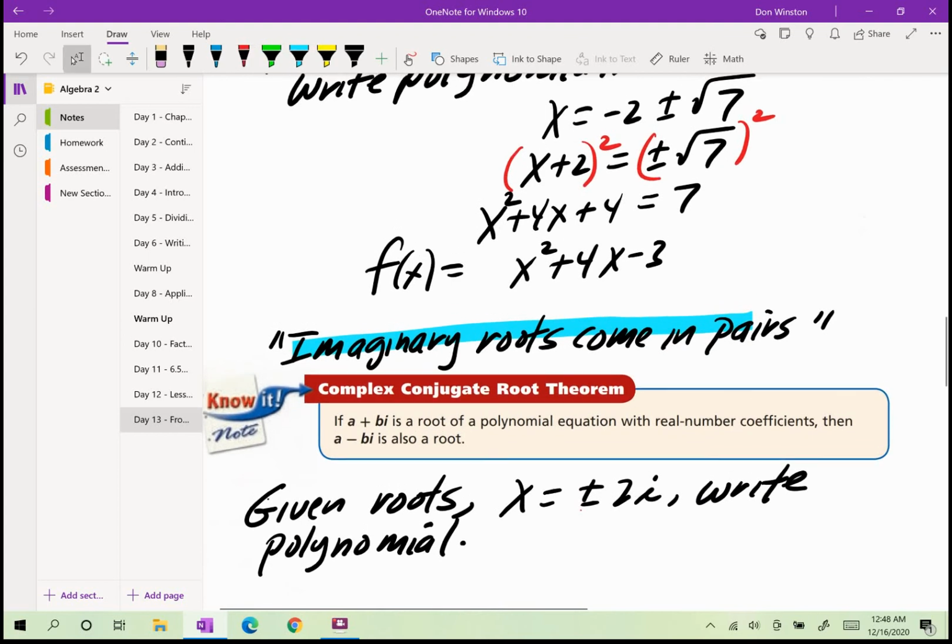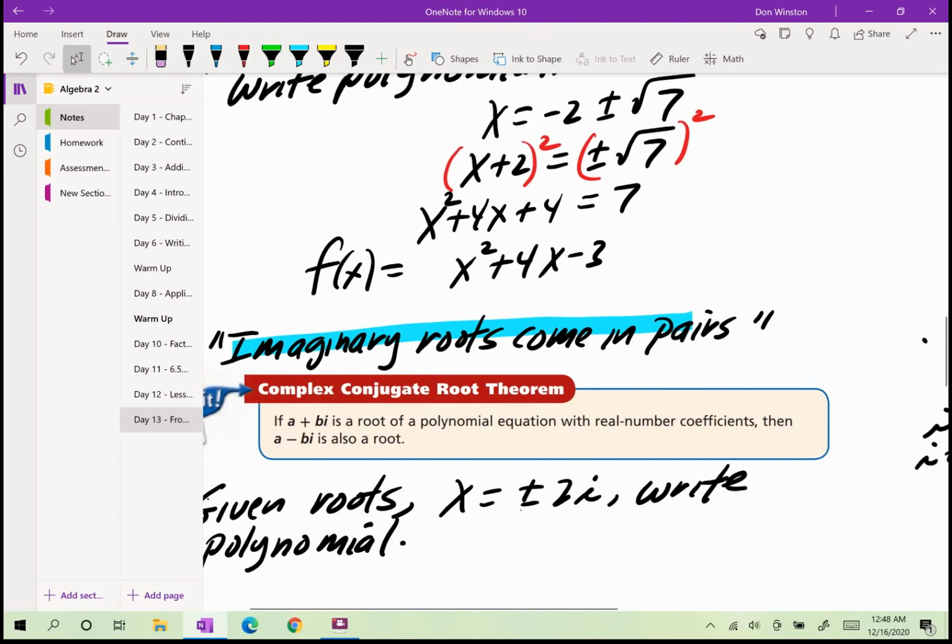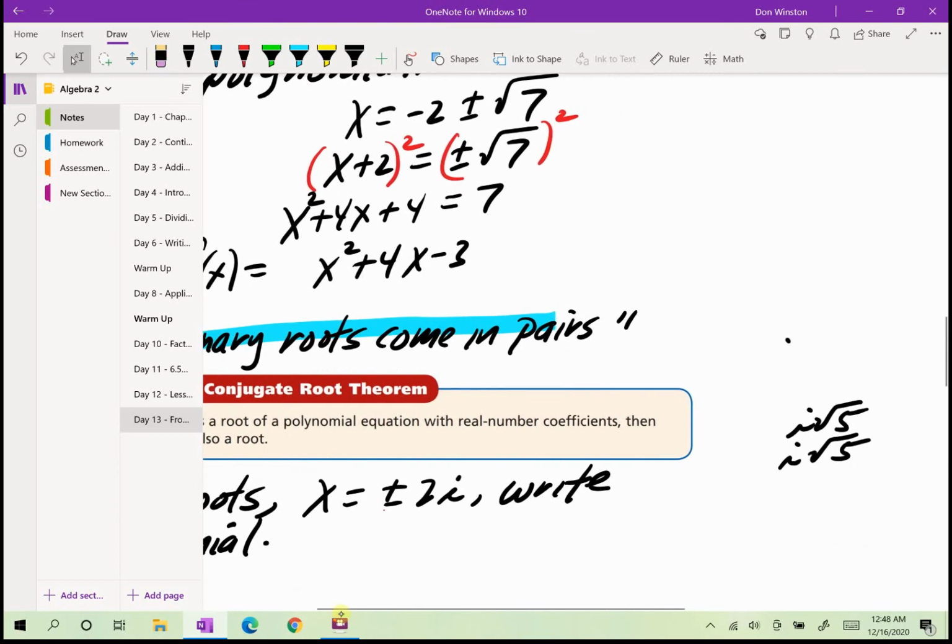Now let's look at imaginary roots. Well, believe it or not, imaginary roots, they come in pairs too. That's the complex conjugate root theorem. So anytime we solved and we got imaginary roots or complex roots, they always came in pairs. So if I had a 3i as a root, I also had a negative 3i.